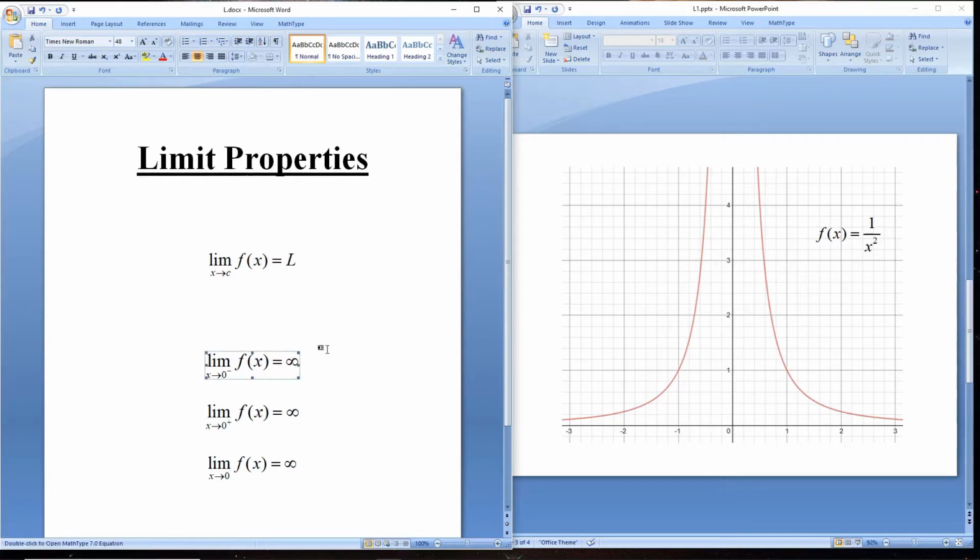However, it's fine to write this also as does not exist. And for our case here, I would say that does not exist is actually the technical answer. So what you're going to find with MyMathLab is sometimes you'll have a selection that says does not exist. Sometimes you'll have a selection that says infinity.